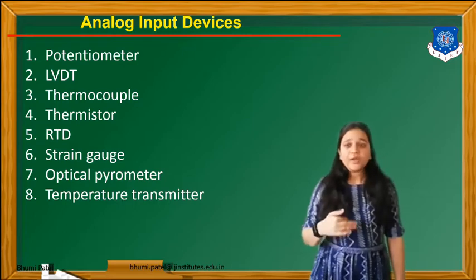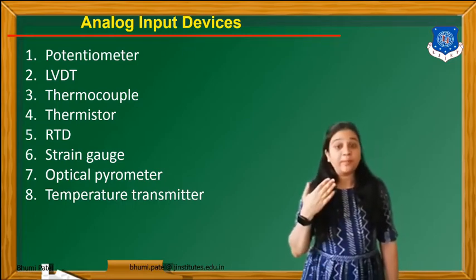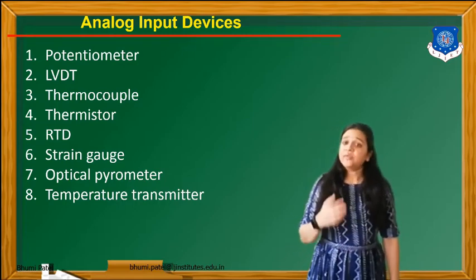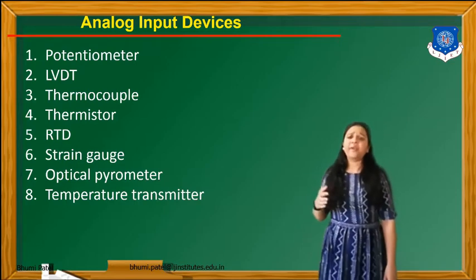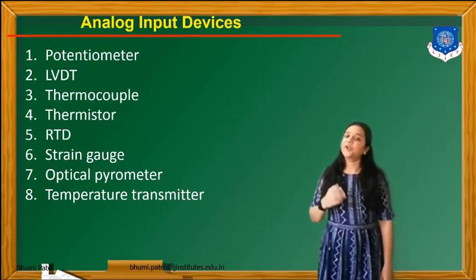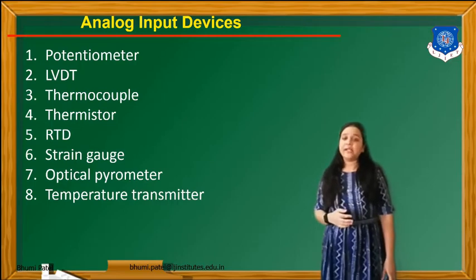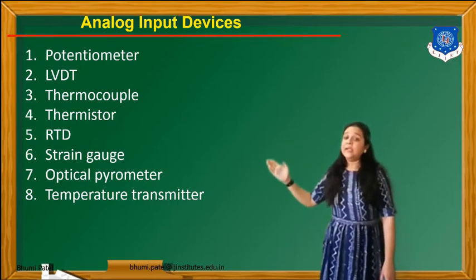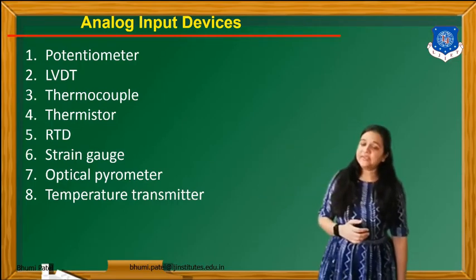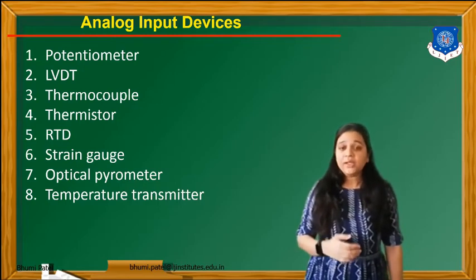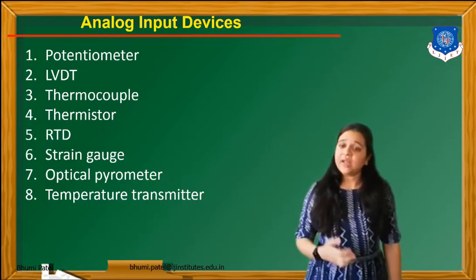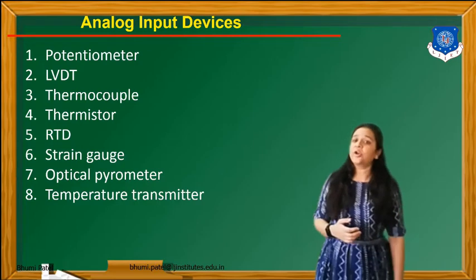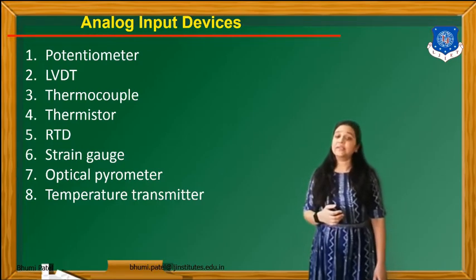So depending upon the system or the requirement, we will connect different types of analog input devices to the PLC hardware. Here only 8 analog input devices are listed, but if required, we can connect other analog input devices with the PLC hardware.